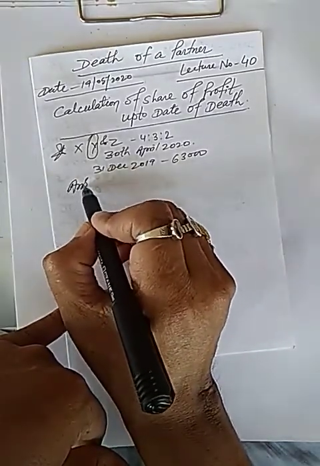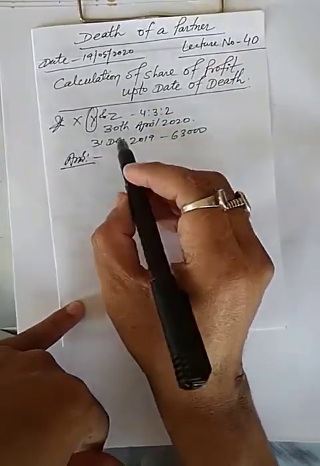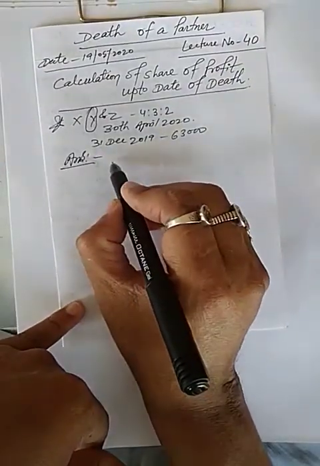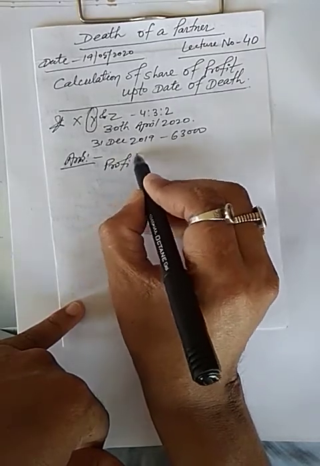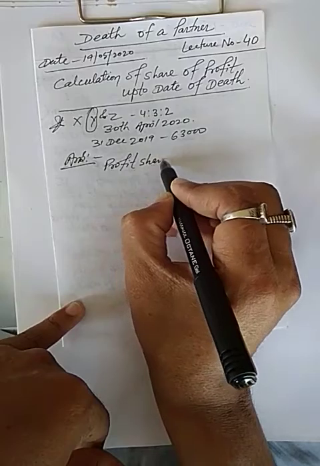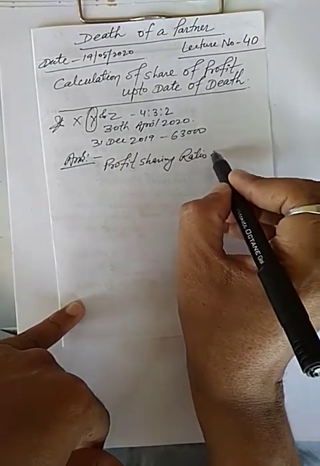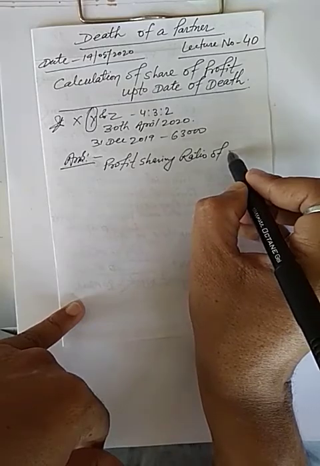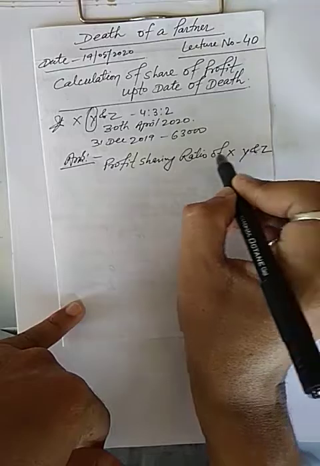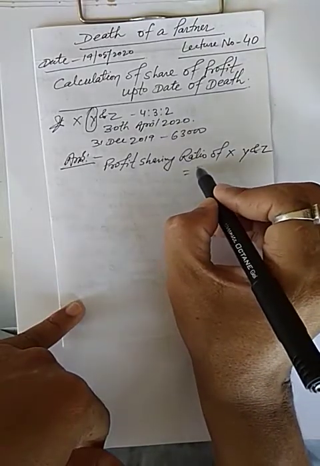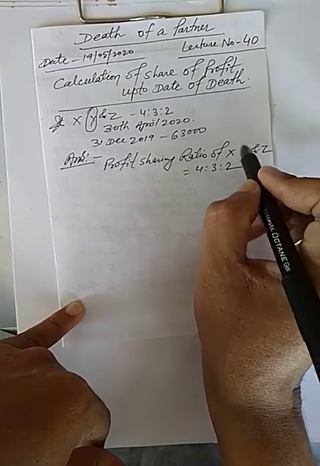Now the answer will be: this is the given profit sharing ratio of X, Y and Z equal to 4:3:2, and Y dies.